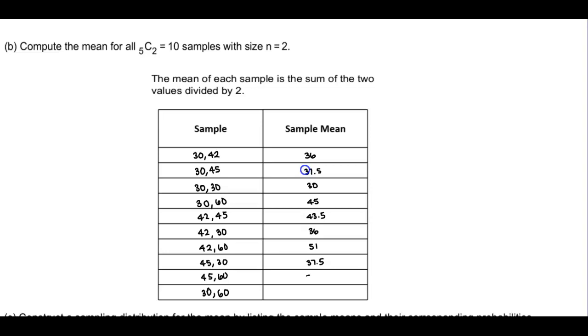The next one we get 52.5, and then we get 45. Again, to get the first one, we took 30, added 42, and divided by 2, and that gave us 36. You would do the same for the rest. So this gives us the samples and the sample means.